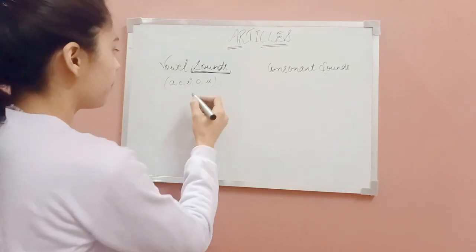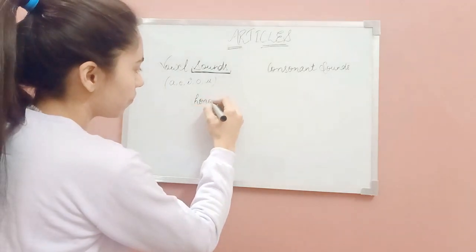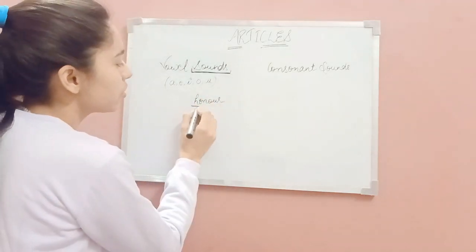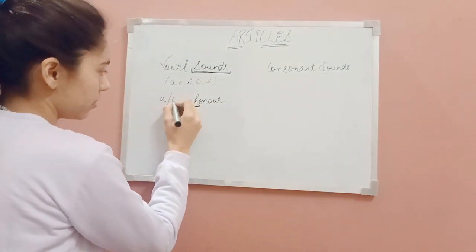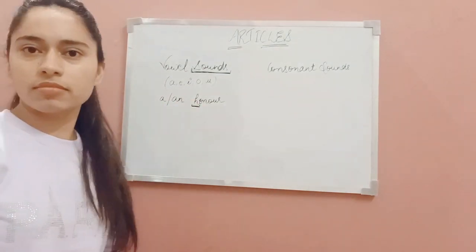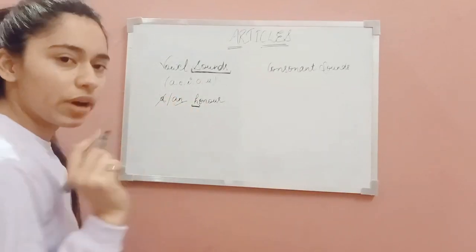For example, this is a consonant, right? But still, what do you use here? You use AN, right? Not A with it. Why?